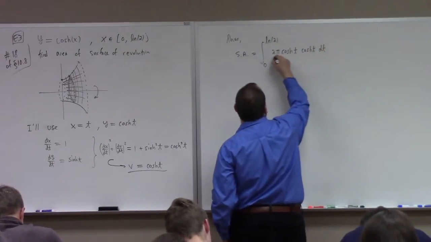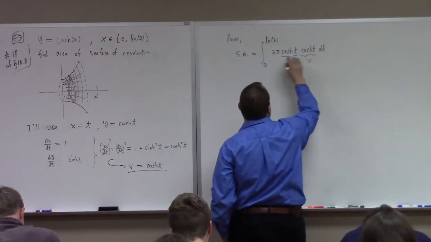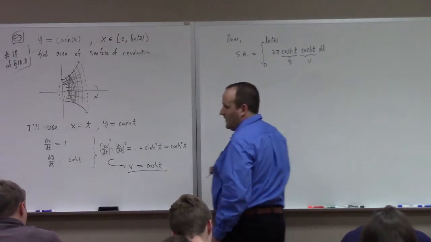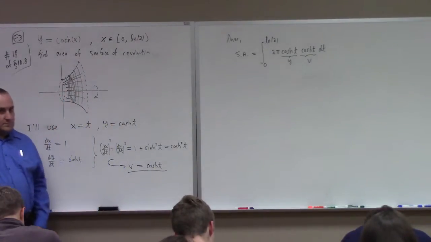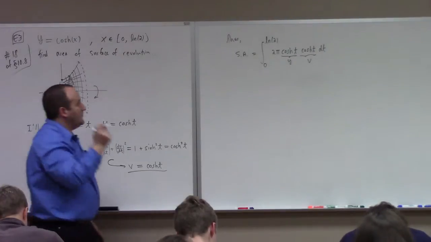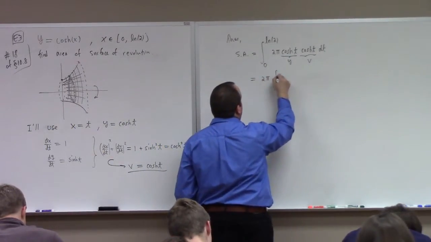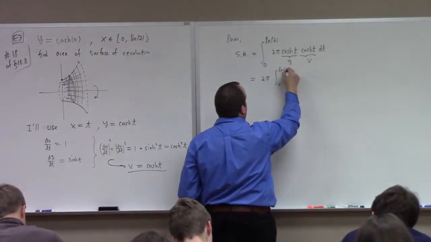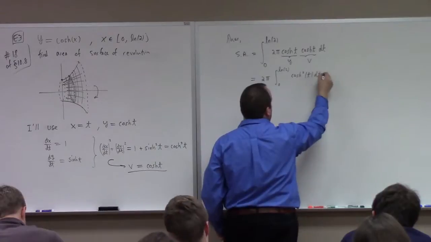So here, this is y, this is the speed factor. It just happens that the y and the speed are the same. It's kind of cool. So that's 2 pi times the integral from 0 to log 2 of cosh squared t dt.